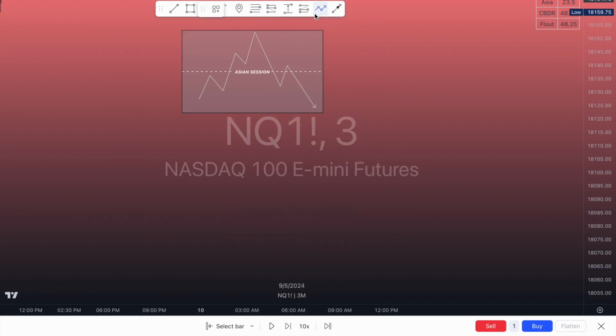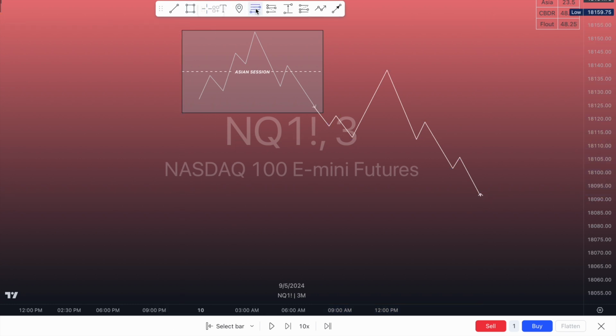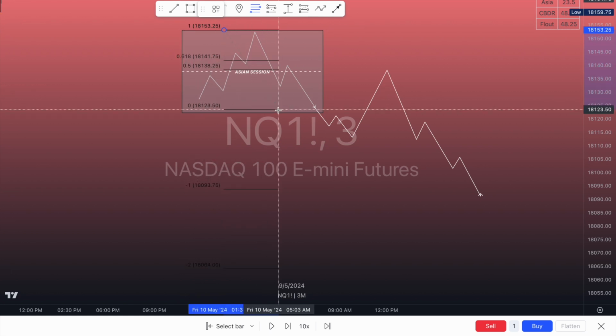Nine times out of 10, all London will do is continue off of that and pull back to that 50% mark of your agent session, and then continue down to manipulate, right? So that's where those standard deviations come into play. You mark out your agent session to see how far it's going to drop.